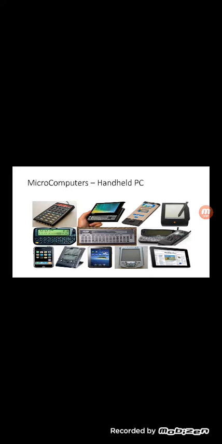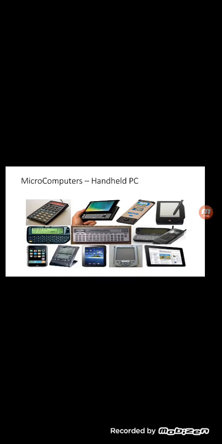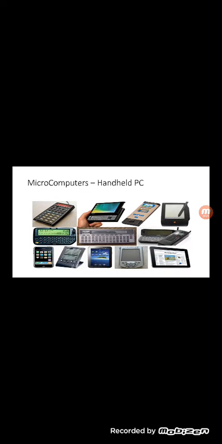You can save any kind of address, you can make notes in those handheld PCs. Now what is that metal stick? It is a pen-shaped tool, and we can call it a pointing tool also, because it is used to select and point out things on the screen.